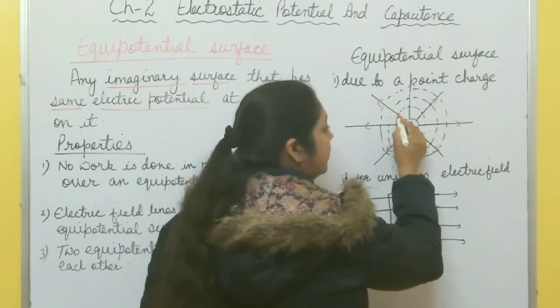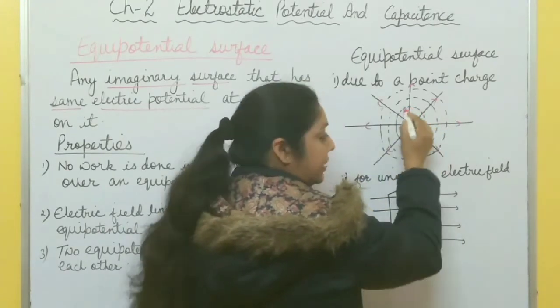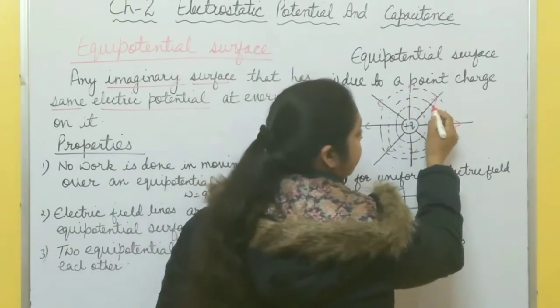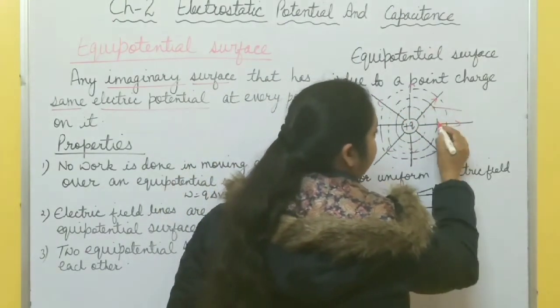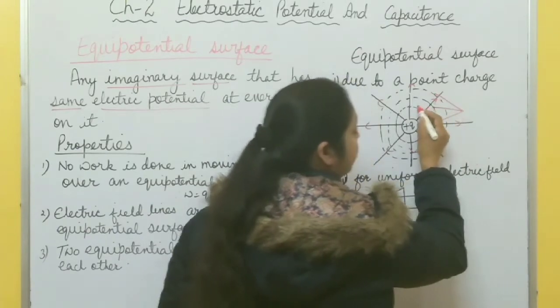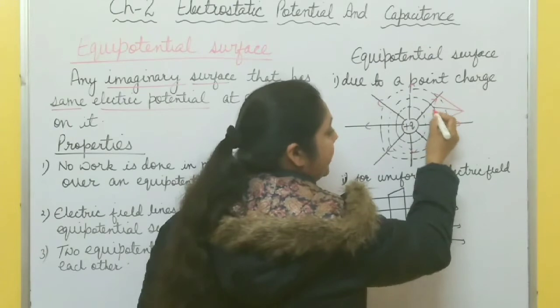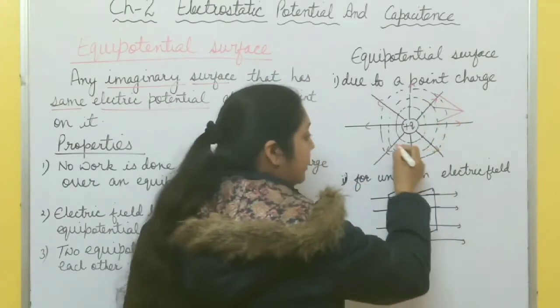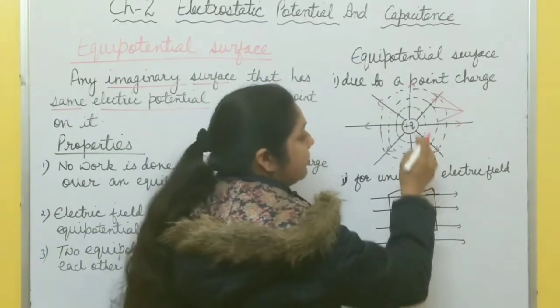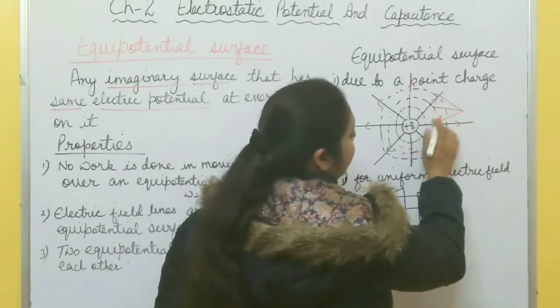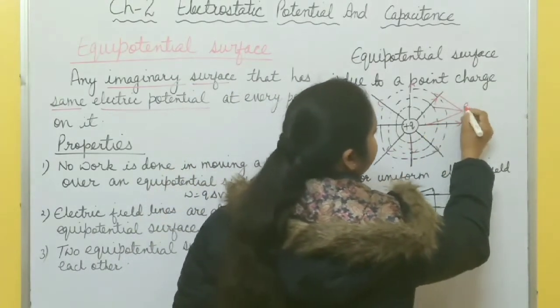If you join all these points, you get a spherical shape. So this imaginary spherical surface is called an equipotential surface. At an equal distance at another point, again at every point potential is the same, so this is also an equipotential surface. All these surfaces are equipotential surfaces.